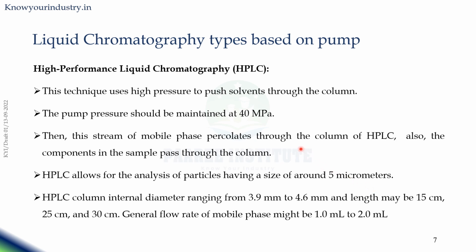On what basis are we going to differentiate HPLC and UPLC? These are the critical factors which differ from HPLC to UPLC. In the case of UPLC, we will see the details in the next slide.